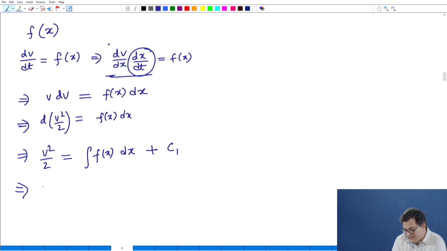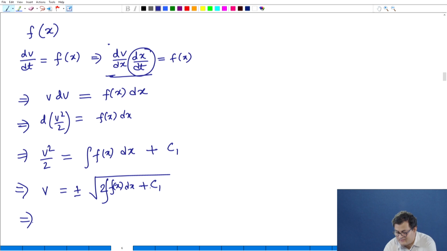Then you can write this as v is equal to root over, I mean plus minus, that is also another point, 2 integration f x dx plus c 1. What you have here is something that was a function of x, which is already now integrated over x.